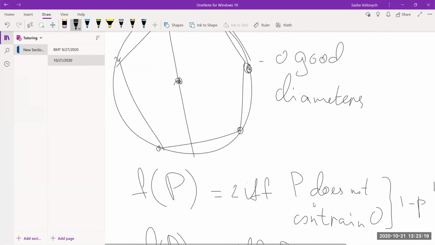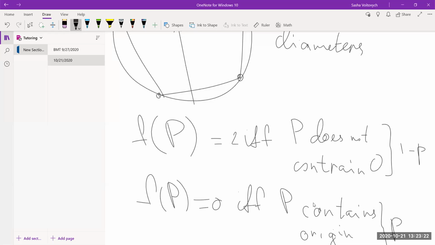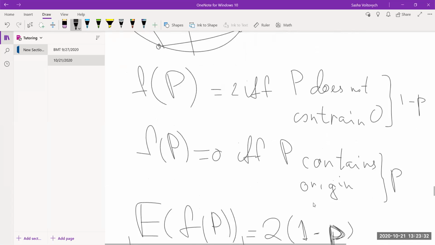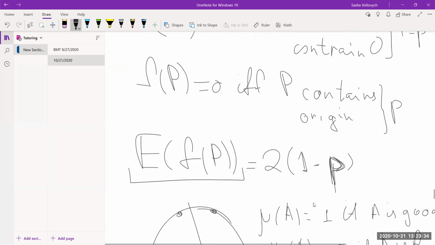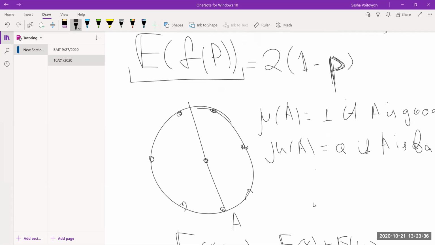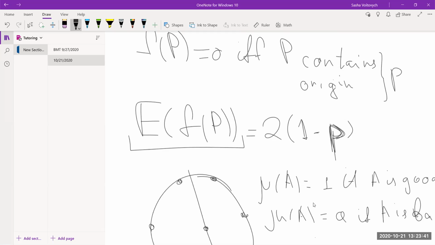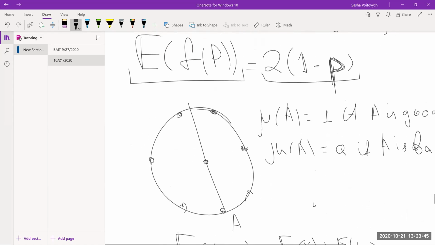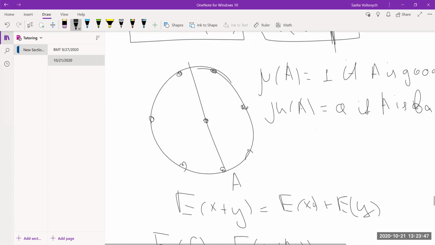We introduce a function of the polygon that we prove is equal to 2 if P does not contain the origin and 0 if P contains the origin, right? And then we computed its expectation first using the P that we need to find, and second using the law that the sum of expectations is equal to the expectation of a sum.